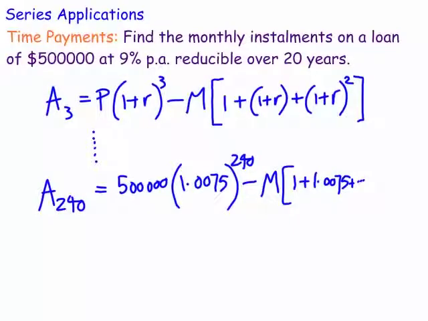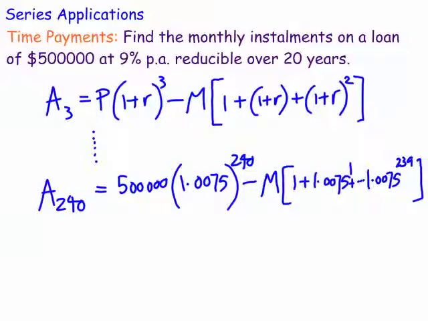So the last term here will be 1. 1.0075, which is 1 less, so 239. Now, interestingly enough, 1 to 239 is 239 terms, plus the one at the front makes 240.